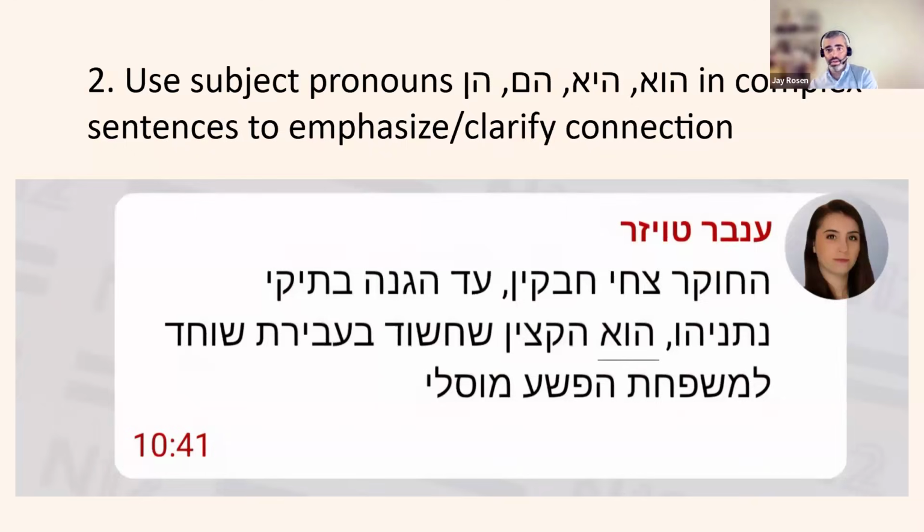He is that word. If I were to translate this literally, the investigator Tzachi Chabkin, defense witness in the Netanyahu cases, he is, or he, the suspected officer, or he is the suspected officer, right? It falls back on the who to make that linkage clearer.